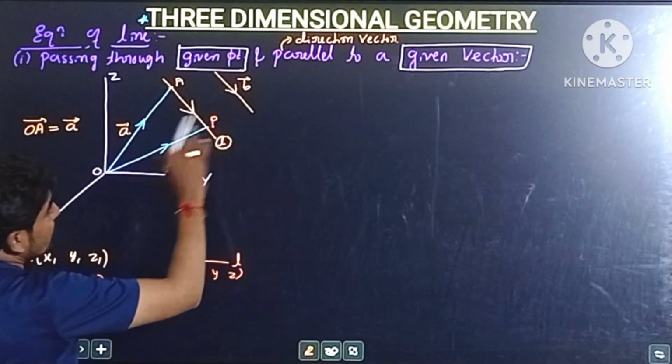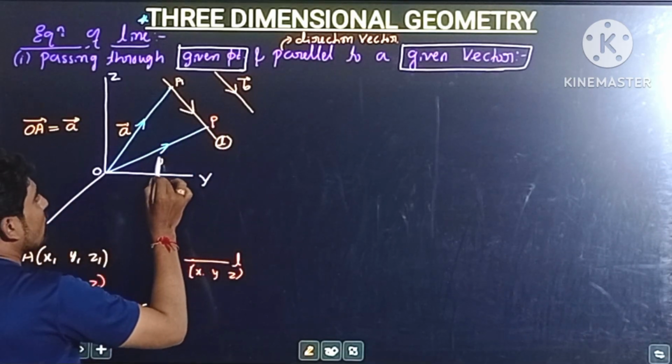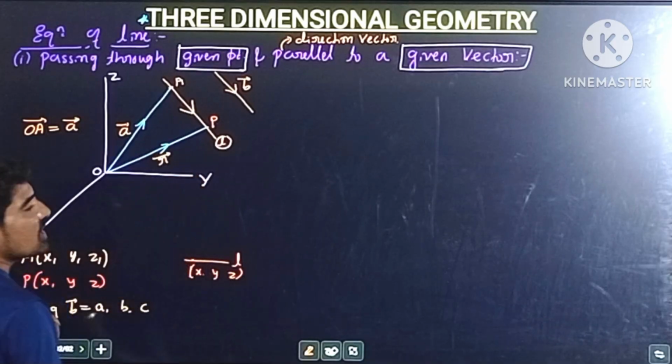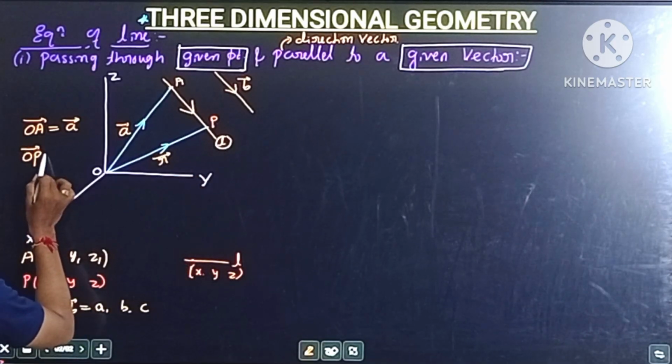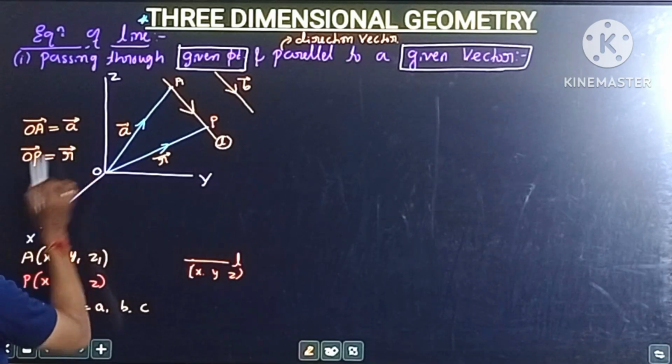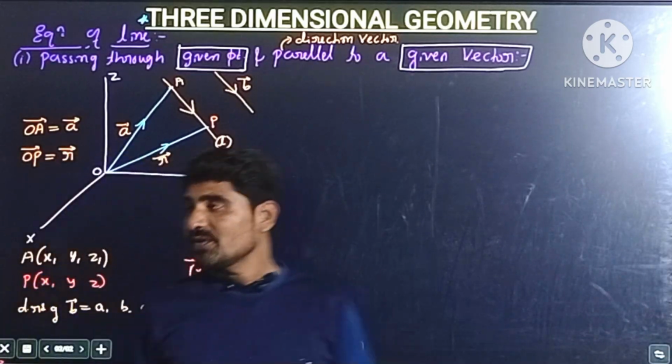And the position vector of the point P, OP vector, is defined by R vector. Now observe this diagram.